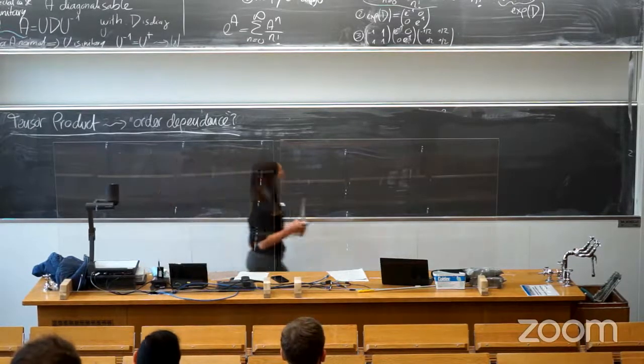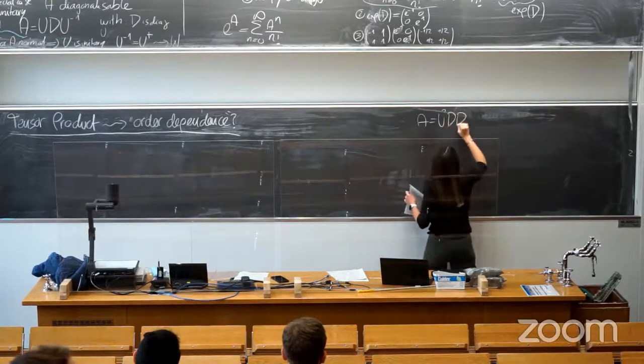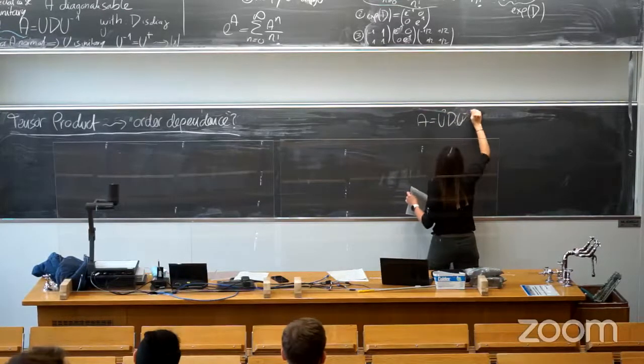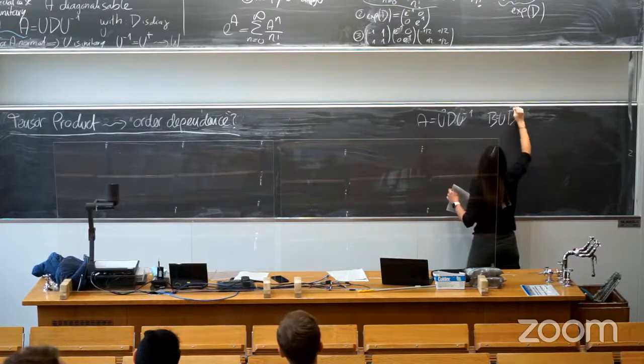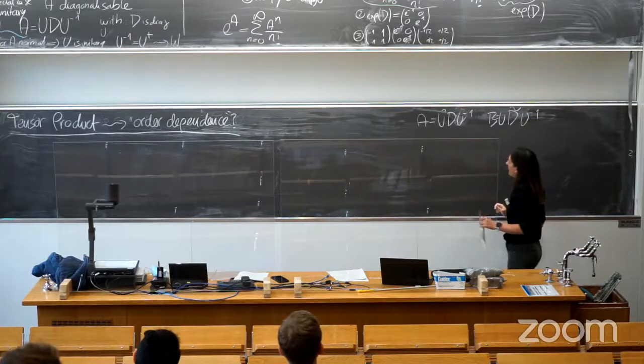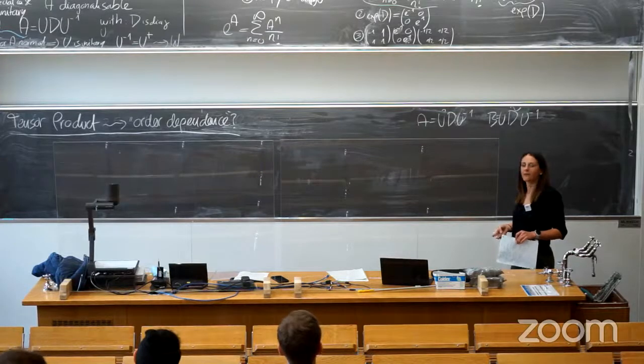So you mean A is equal to U D U inverse and B is equal to U D dagger U minus 1. Can we now say that they commute? Exactly.